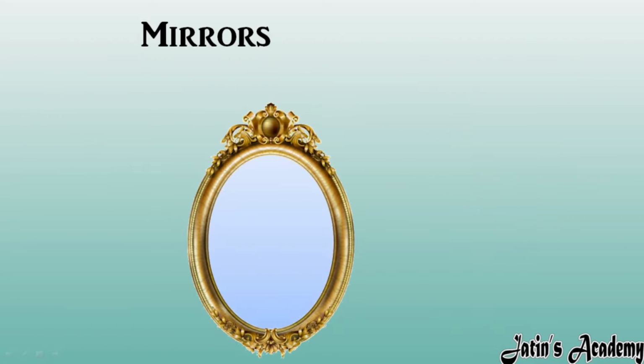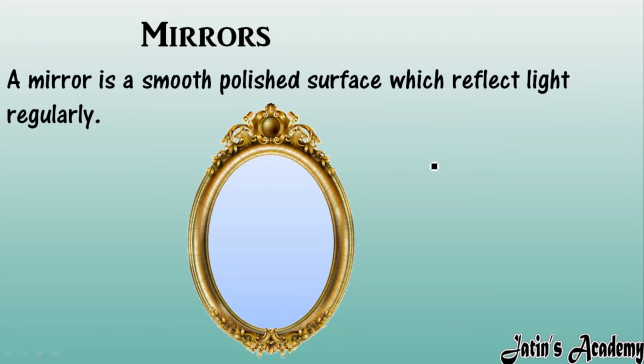So the next topic we are having: what are mirrors? What do you mean by a mirror? See the definition carefully. A mirror is a smooth polished surface, polished or silver polished from one side, and from that side it is a reflecting surface.